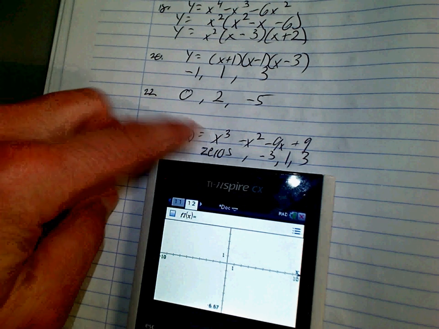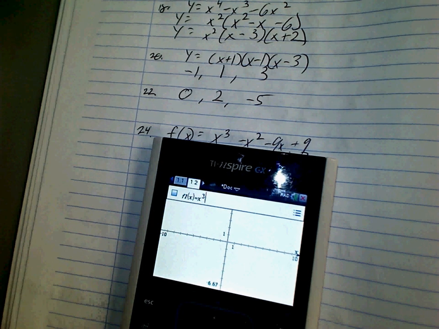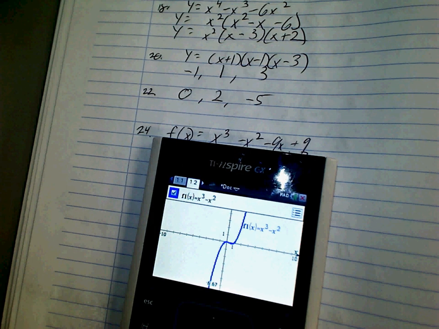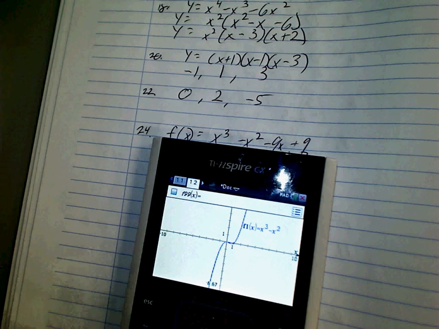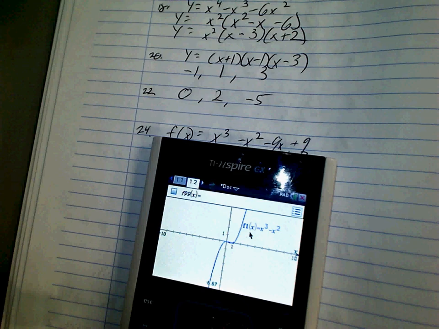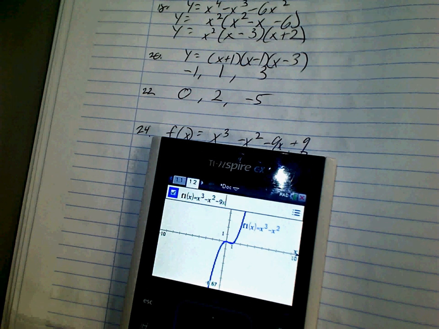So x to the third minus x squared minus 9x plus 9.